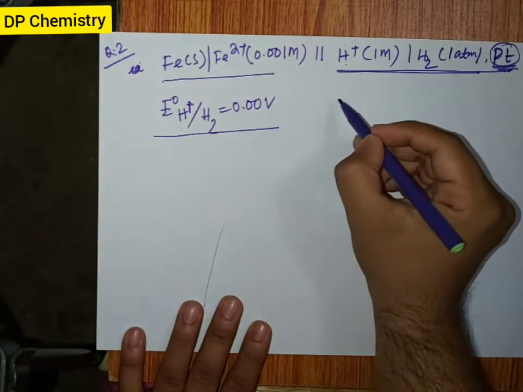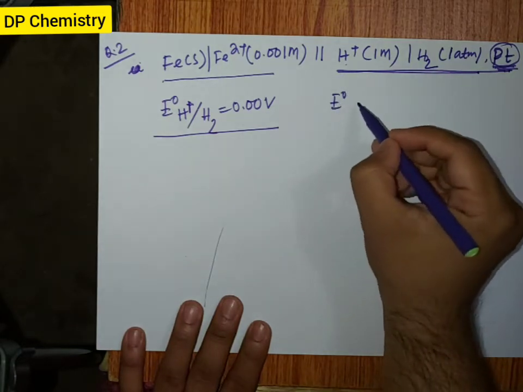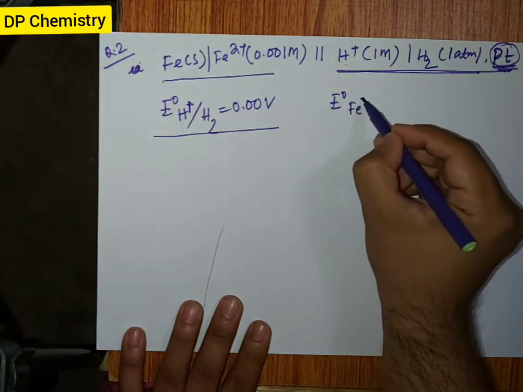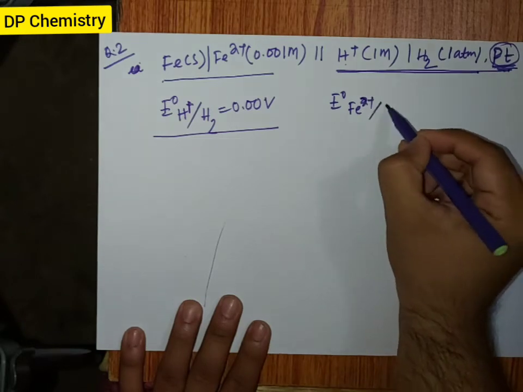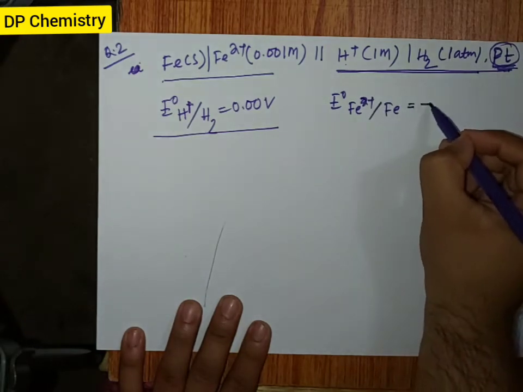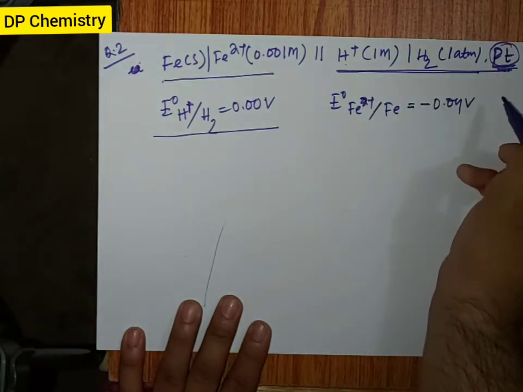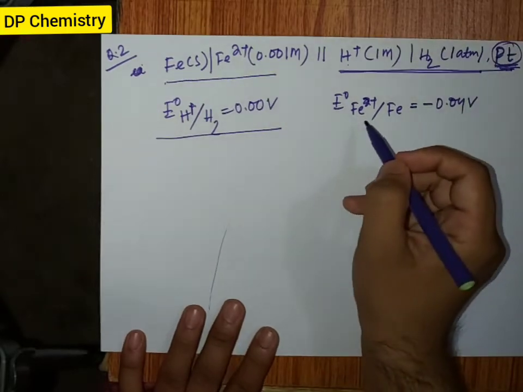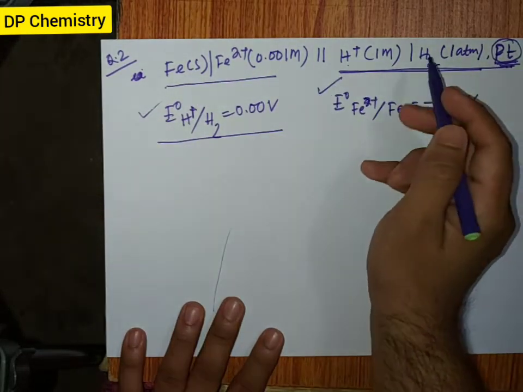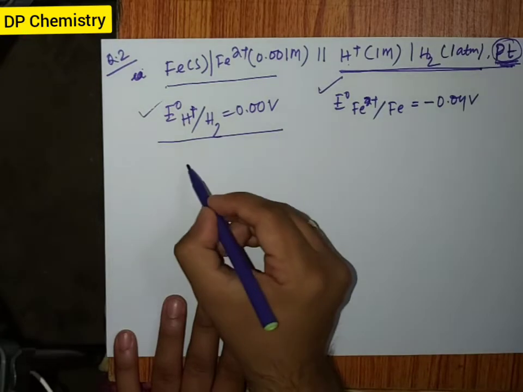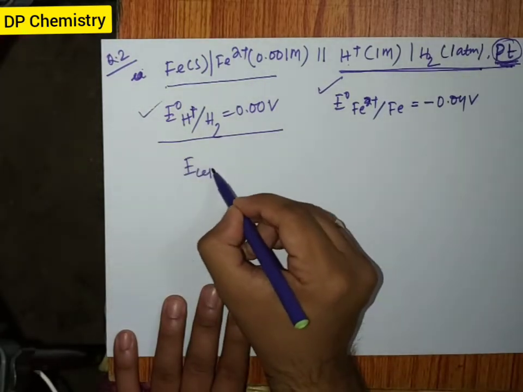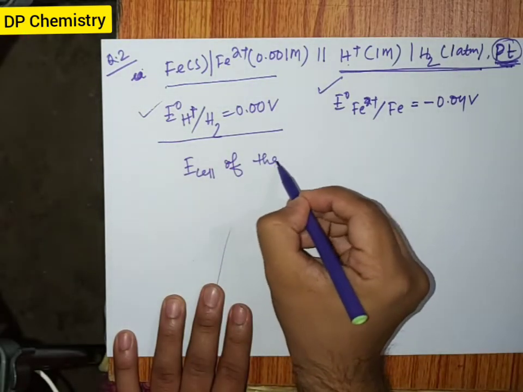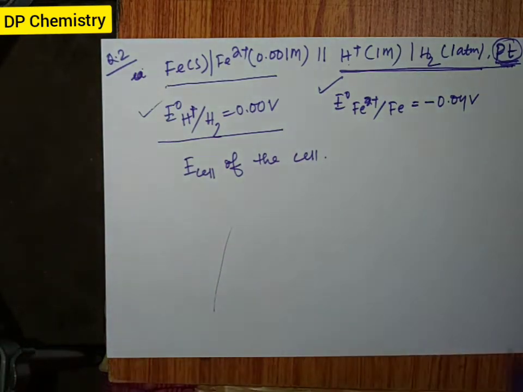Then E naught of Fe2+/Fe is equal to minus 0.04 volt. So you have been given the standard reduction potentials. You have to find the E cell, the EMF of the cell.